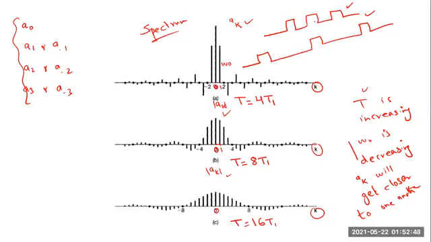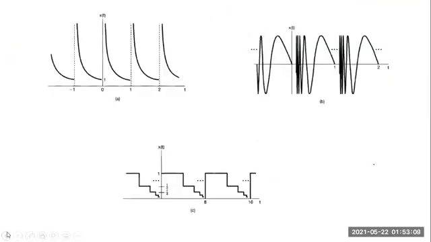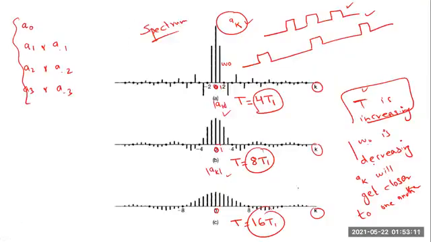So because the period has changed, the Fourier coefficient behavior will change. I have just given you a general trend that as T is increasing, 4 times T1, 8 times T1, 16 times T1, the period is increasing. So what is going to happen? Omega naught is going to decrease. And what is the effect of omega naught decreasing? It means Fourier coefficients will get closer to one another. That is the effect that you can see in this particular figure.